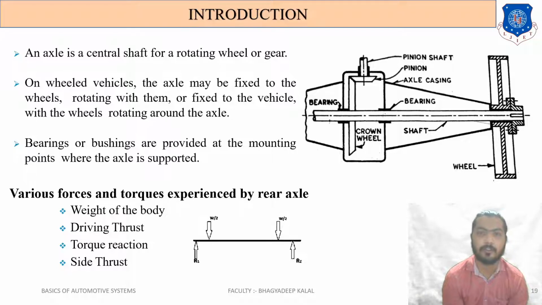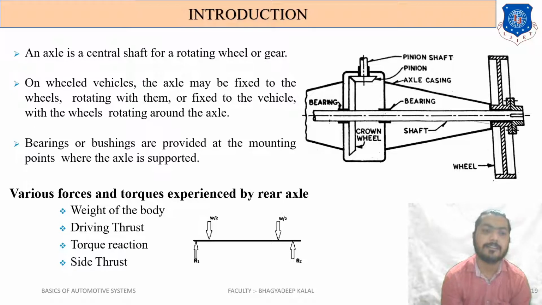The total weight of the vehicle, occupants or goods comes on the spring, which is a leaf spring or coil spring. It is divided on the axles as W by 2 and W by 2, because the total weight is W. To bear this load, two reactions R1 and R2 act on the axles through the wheels. So two types of stresses, bending and shear, act in this case.